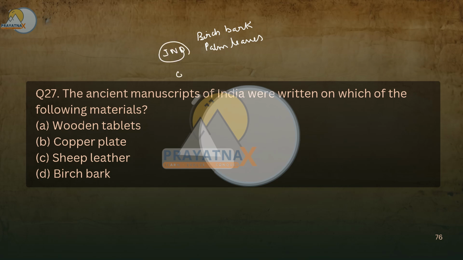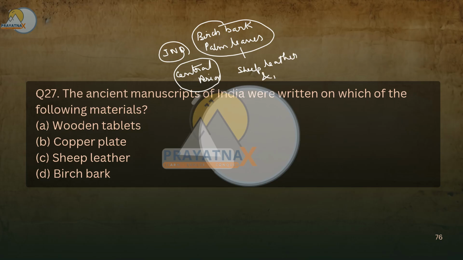But in Central Asia, both birch bark and palm leaves and sheep leather and wooden tablets were used to write the manuscripts.